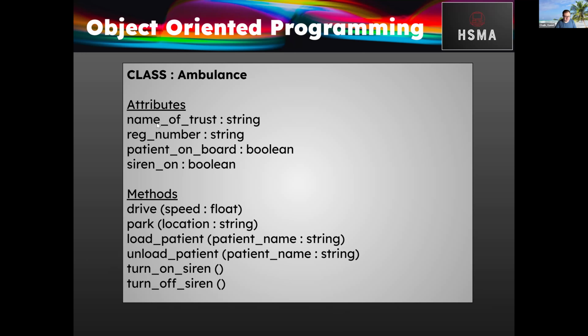We've got these attributes: the name of the trust, the registration number, whether the patient's on board, which might be a Boolean value, true or false. Same with whether the siren's on. And then methods like drive, where we pass in a certain speed, and park, where we pass in the location where we want them to park, etc.